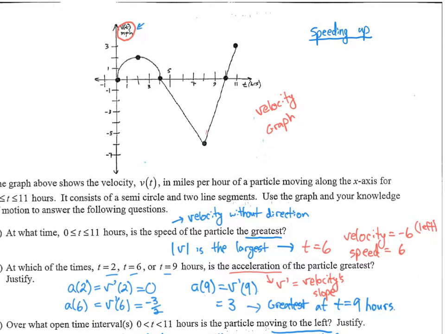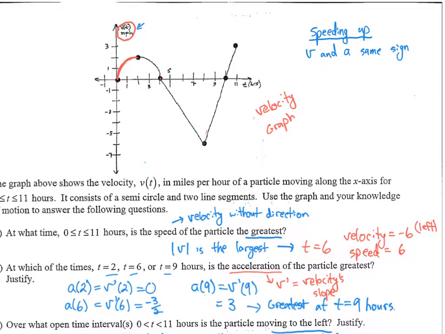Okay, so again, I'm looking for where the velocity and the acceleration have the same sign, whether they're both positive or both negative. Okay, so I see that from 0 to 4, the velocity is positive, but only on a certain part of it is the velocity positive and the acceleration positive.